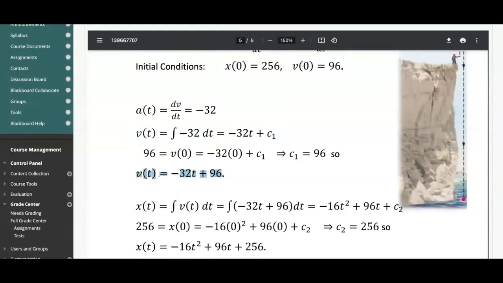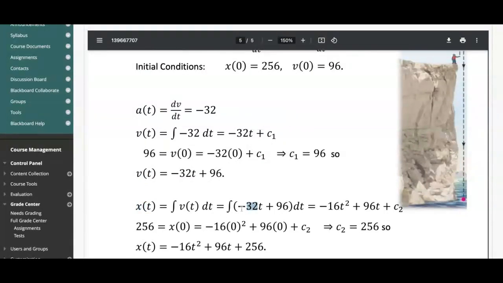Well, the velocity function is linear. And of course, acceleration is a constant function, so velocity is a linear function. Then we know x of t has to be a quadratic function. So we integrate v of t, we get x of t.